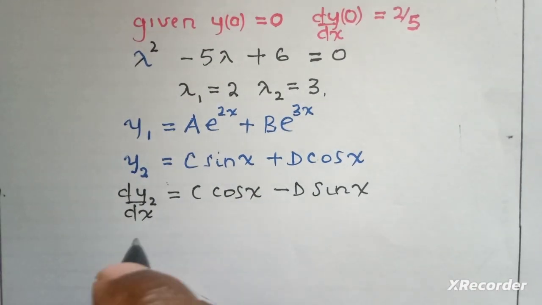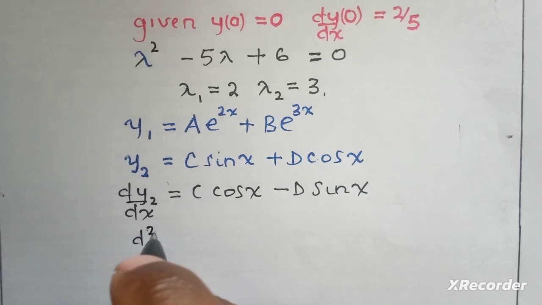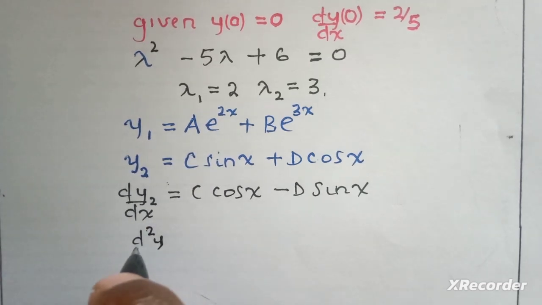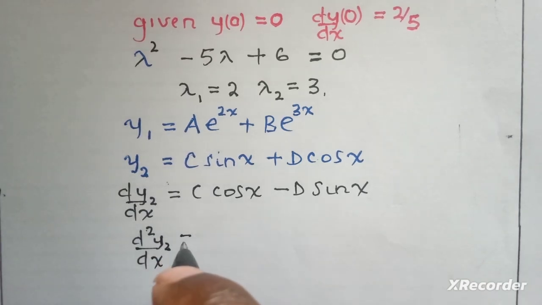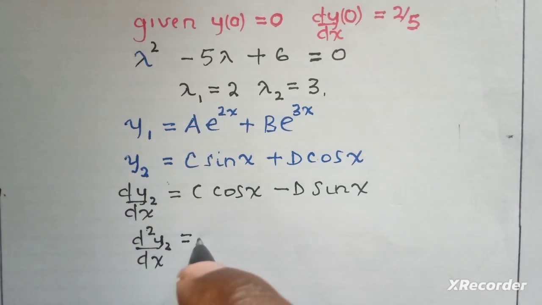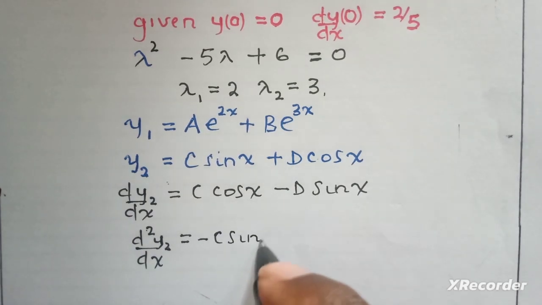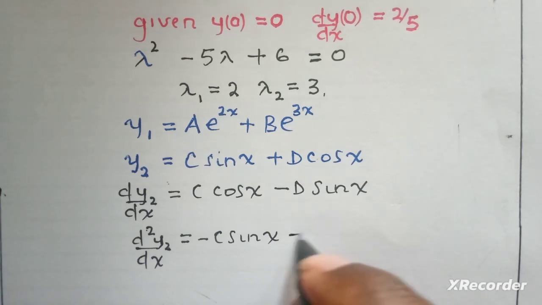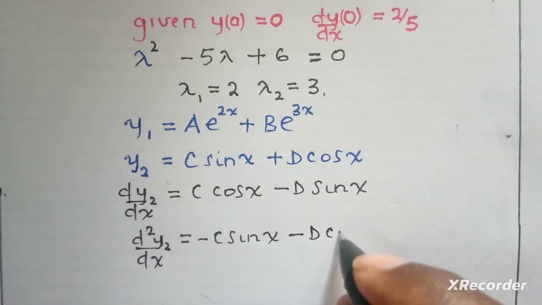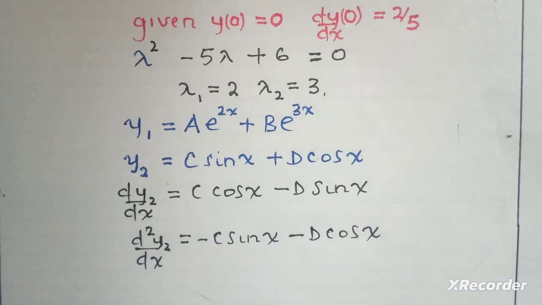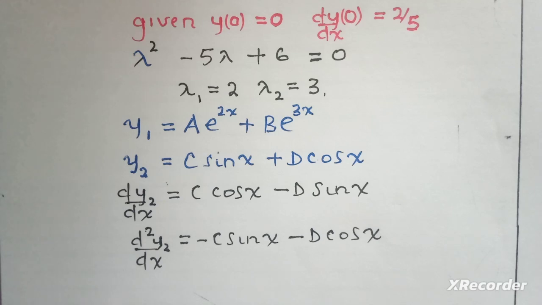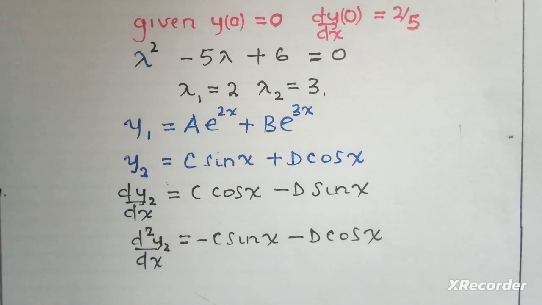Then we find the second differentiation, which is equal to minus c sine x minus d cos x, like that guys. So from there now, we are looking for the particular integral. And we know that particular integral plus complementary function gives us the solution.